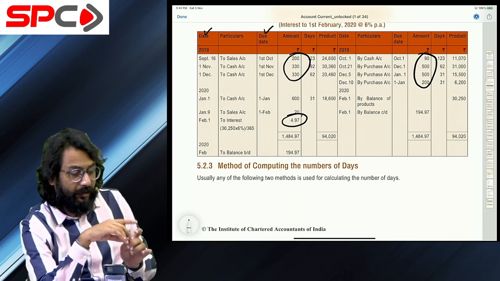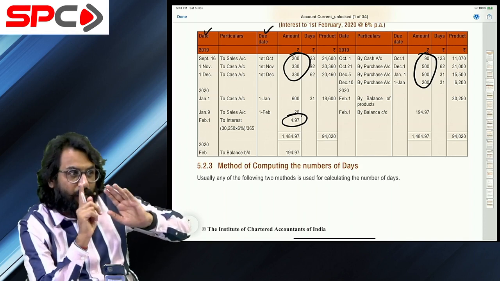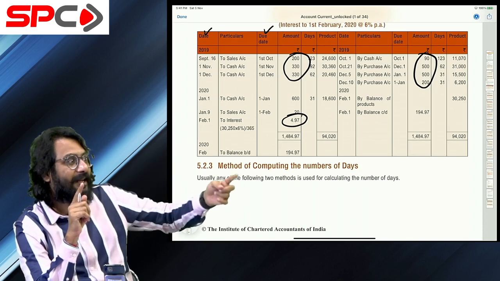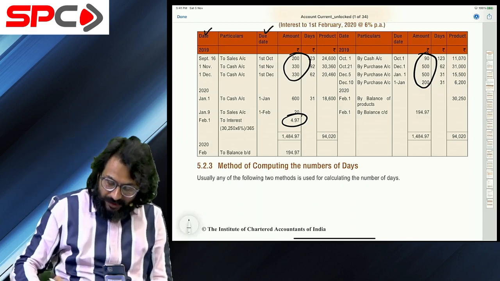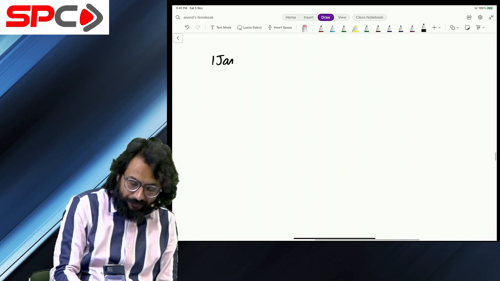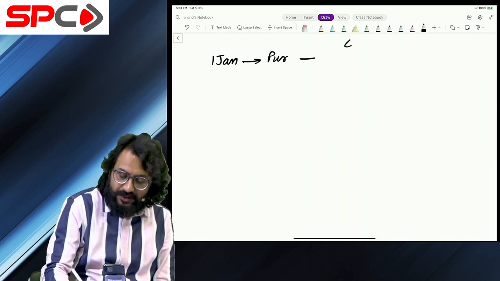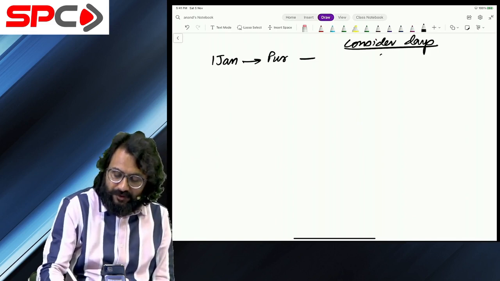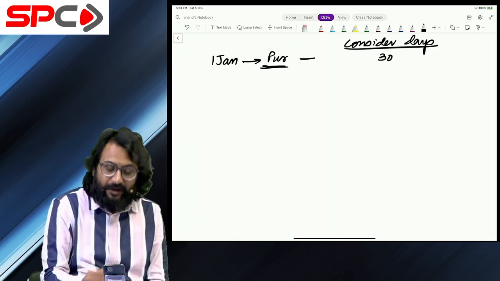Do you all agree? But when there is an opening balance which is carried forward, understand opening balance is not a transaction. It was carried forward from the last date. So you will include that date also. So all I'm just trying to tell you is suppose the examiner tells you 1st Jan, and on 1st Jan he is saying purchase for Jan, consider days 30 only because I'll drop the first day, as this is a transaction I have purchased.